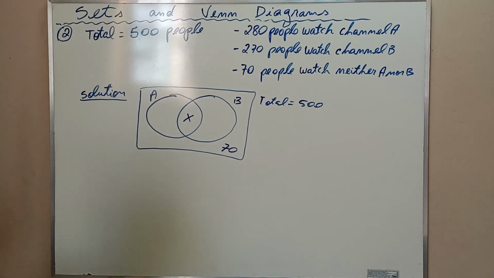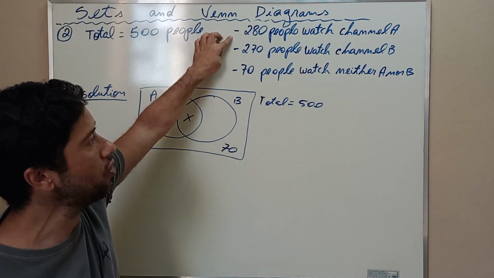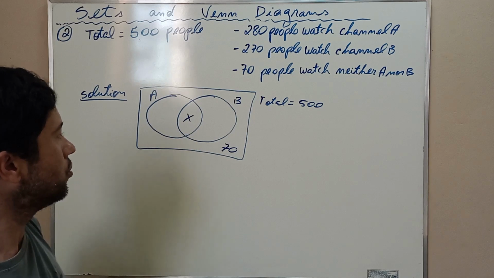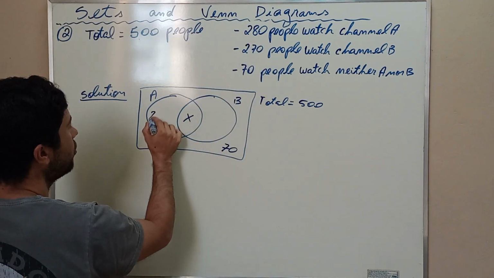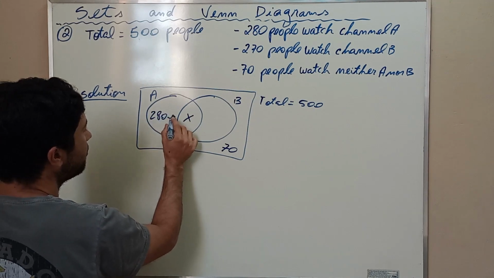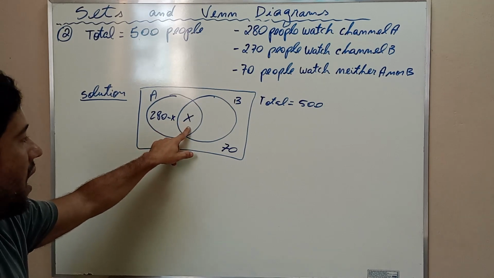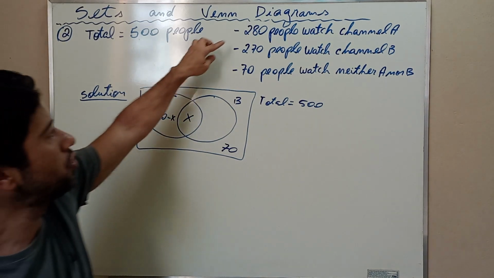And the exercise said that 280 people watch channel A, okay? X is the intersection. To complete 280, we need 280 minus X. 280 minus X plus X is the total number in the set A, which is 280.